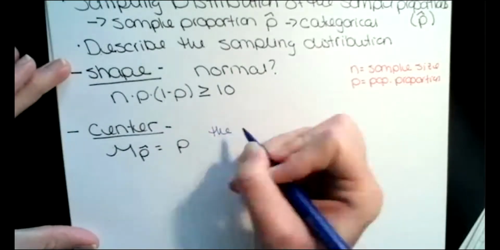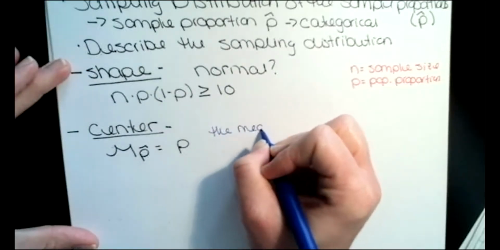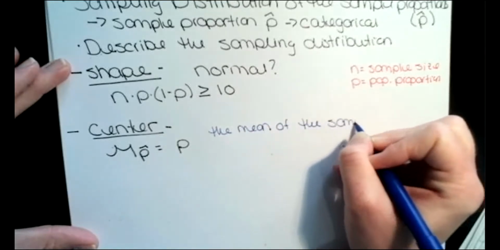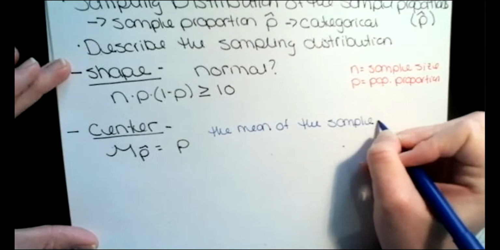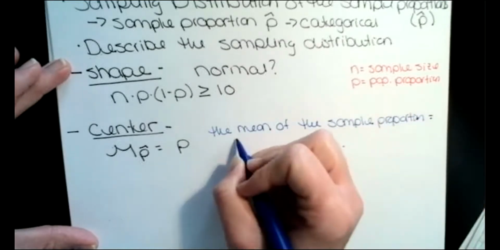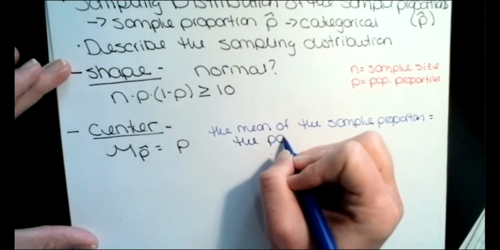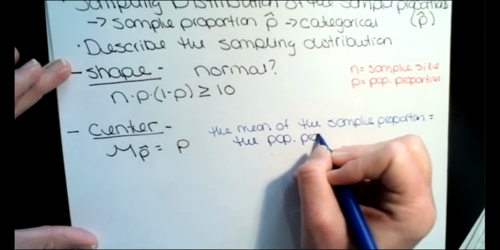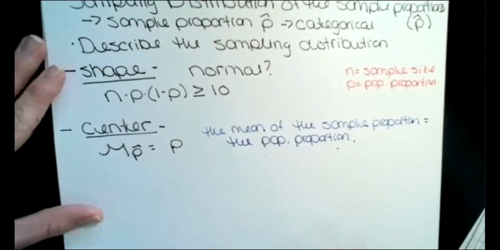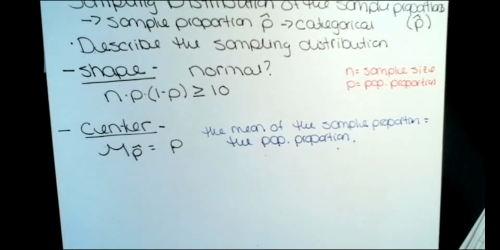Let me give a little explanation here. So the mean of the sample means, or I'm sorry, the sample proportions, is equal to the population proportion. I just remember when we get into proportions and categorical data, we have a lot of P's, right?